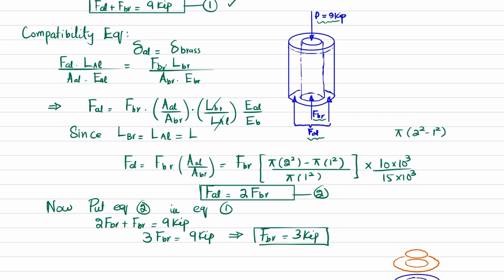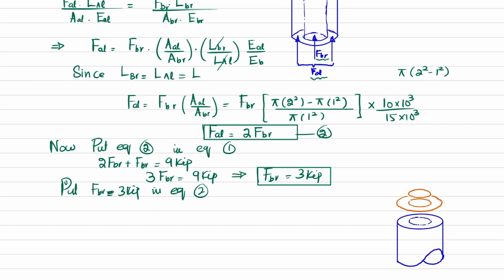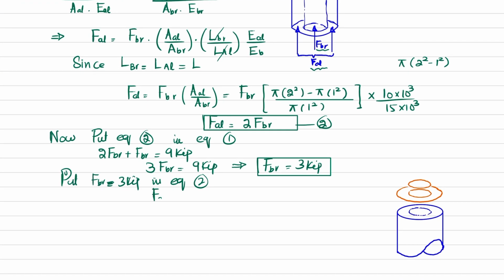Once you get this, put FBR equal to 3 kips in equation 2. You will get force in aluminum post comes out to be 2 multiplied by 3 is equal to 6 kip. So force in aluminum post is 6 kip.